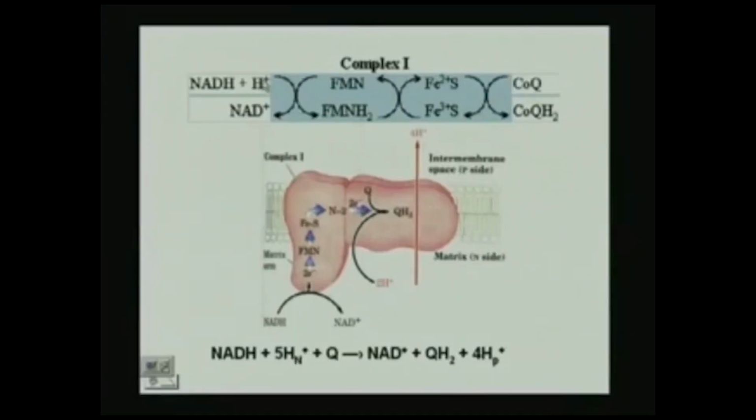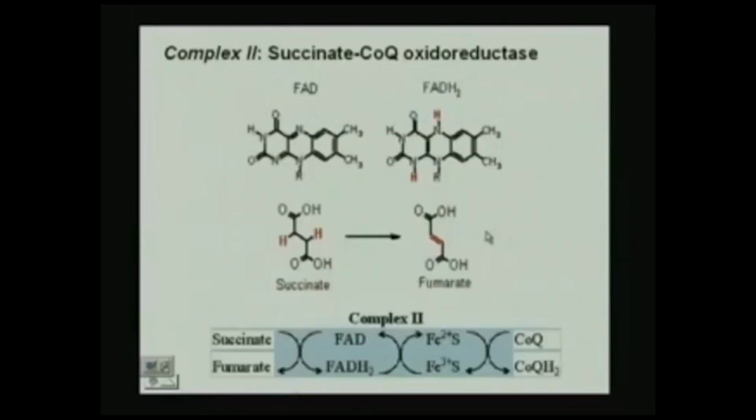So, we have one reaction that has now transferred some protons. Complex 2 does not transfer any protons. This is one example that I think I mentioned when we did FAD and FADH2. In the use of FAD and FADH2, succinate goes to fumarate. So, we have a double bond formation here in succinate.